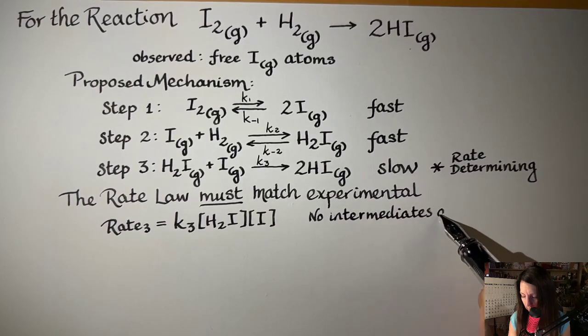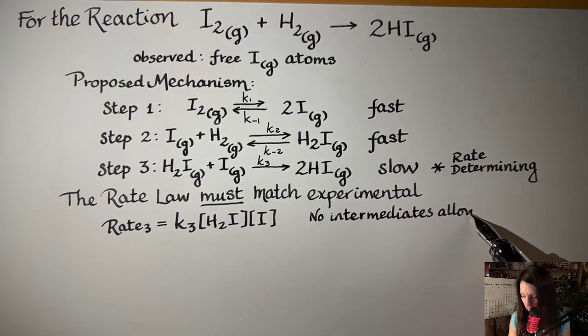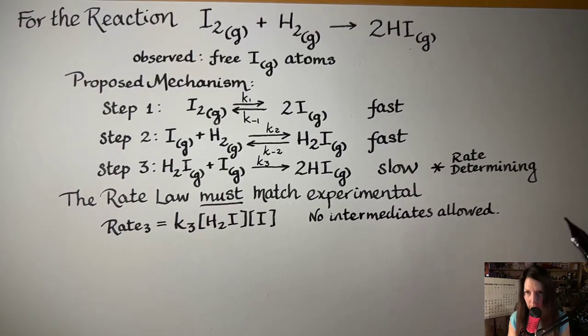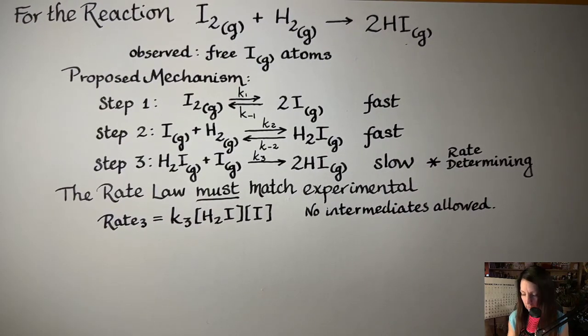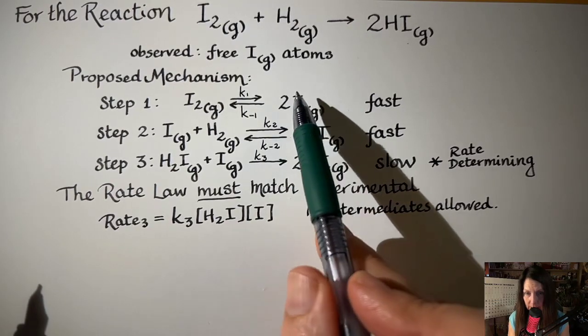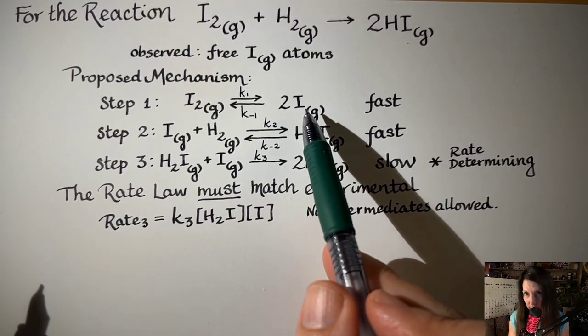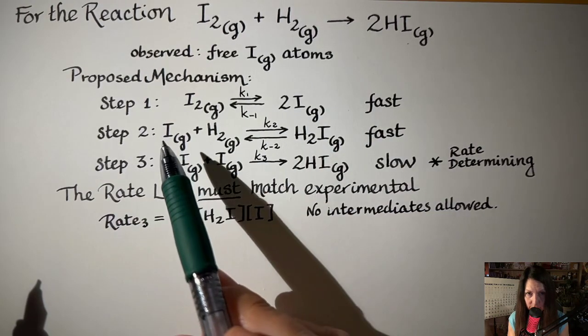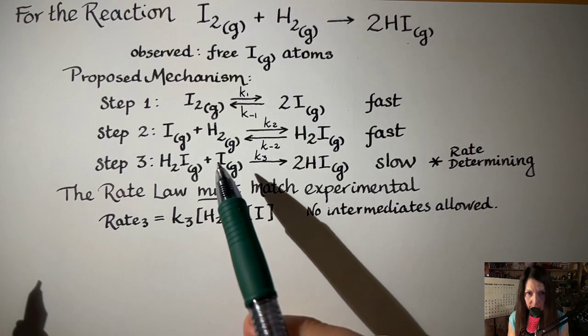Okay, what is an intermediate? Well, an intermediate in a reaction mechanism is any species that appears in an elementary step for just a brief moment and then disappears in a later step.